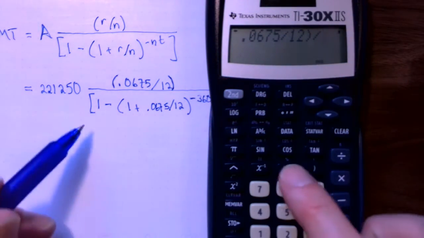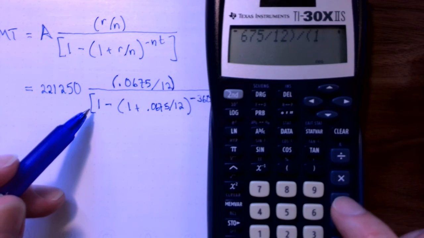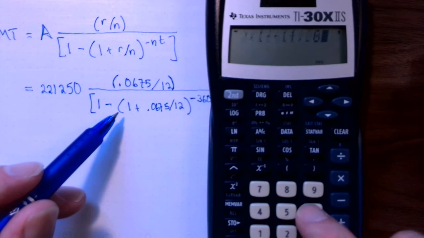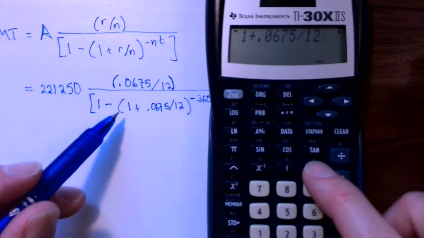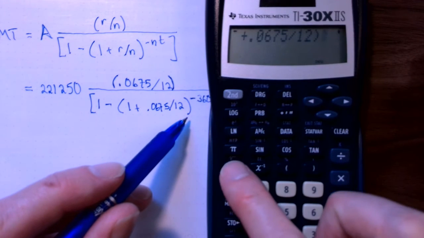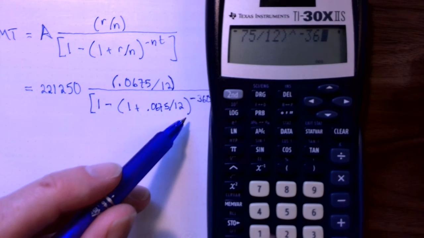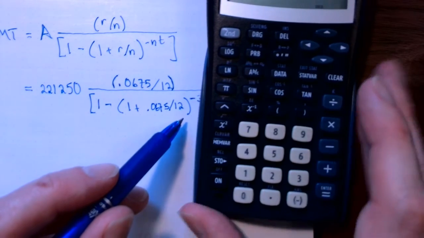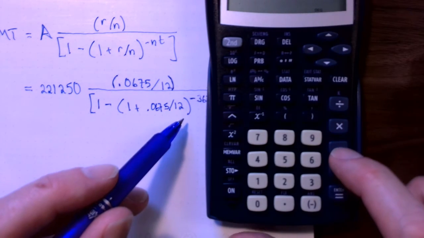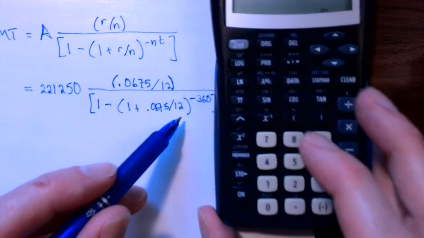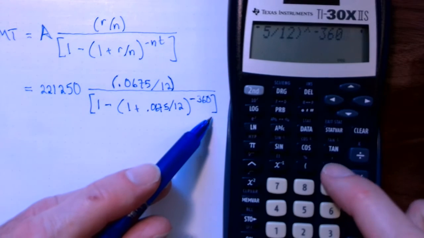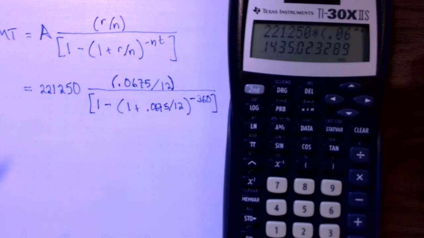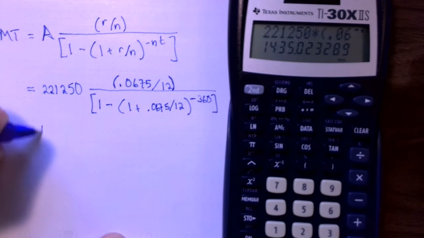Divide by, open a new parenthesis for your denominator. 1 minus, gotta have another parenthesis, 1 plus 0.0675 divided by 12. Close that parenthesis. Put in an exponent of negative 360. Okay, once again, make sure you use that when you're trying to change something to negative. This is for the operation of subtraction. This is for making things negative. And then I close the final parenthesis on the denominator. I press equals, and we've got our monthly payment.